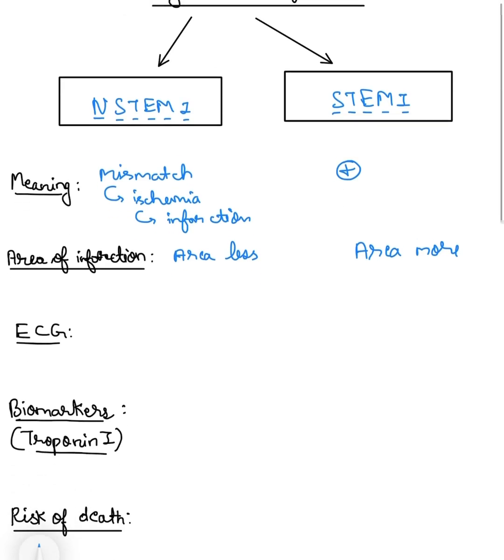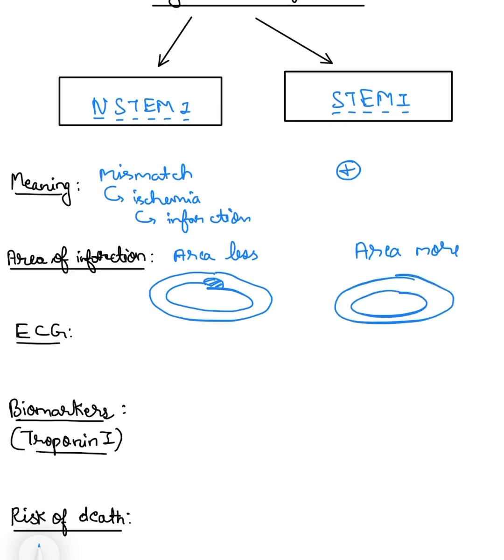If this is the cardiac musculature, in NSTEMI you see a subendocardial infarction, occupying only a part of the thickness of the cardiac tissue. Whereas in STEMI, the entire thickness of the cardiac musculature is infarcted.